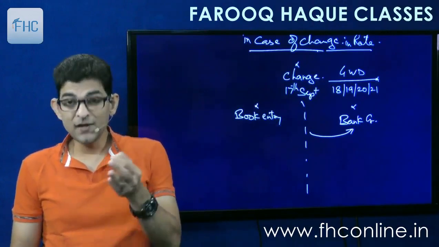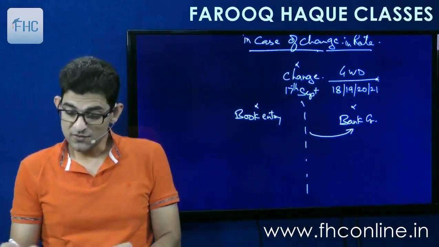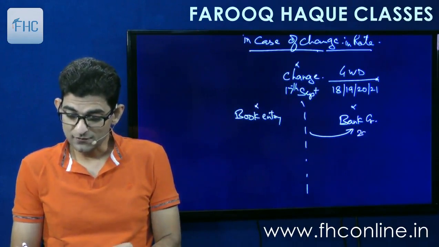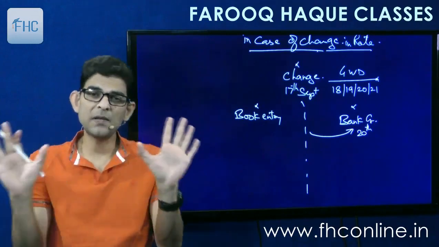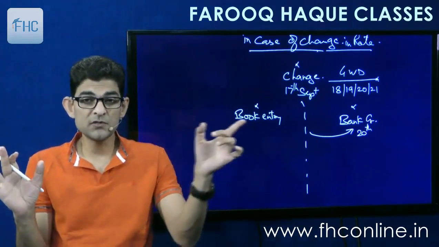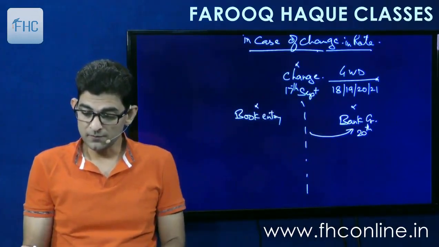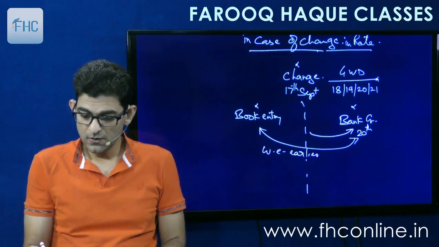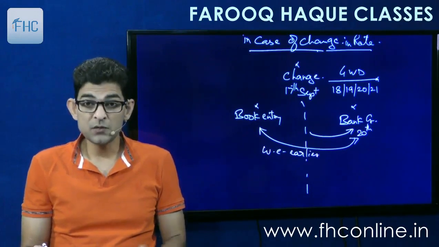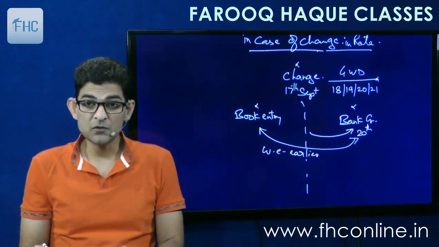Now if the bank credit comes in between these 4 days, say bank credit is on 20th, it is within 4 working days, then you will apply the normal rule. Normal rule is book entry or bank credit, whichever is earlier. So my date of receipt will be counted as the date of book entry because that is earlier.